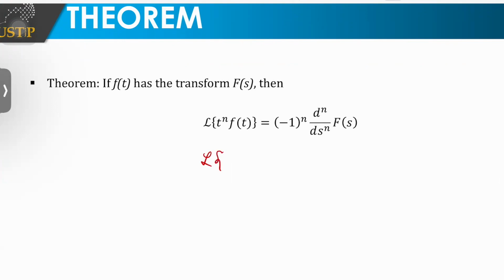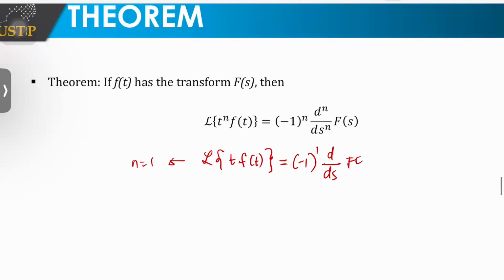Alright, this is more general. When you have what we learned earlier, t times f of t, here n is equal to 1, right? So if we apply that here, that is negative 1 raised to 1, and the first derivative, okay, this is the nth derivative, not an exponent, of F of s. We have the negative of the first derivative of F of s, and that is equal to the first theorem.